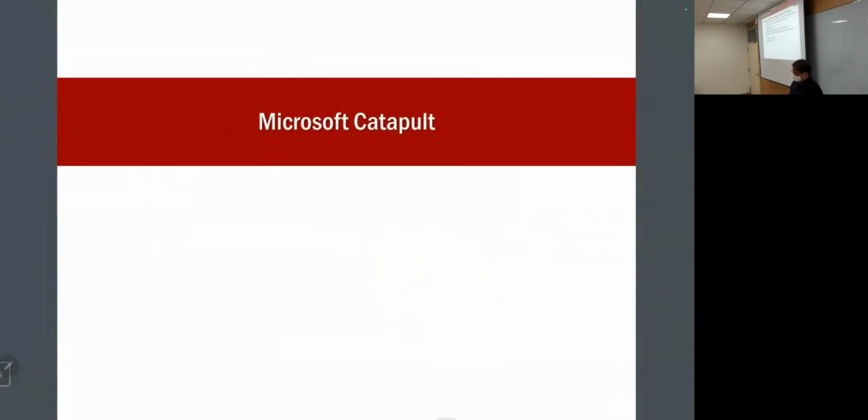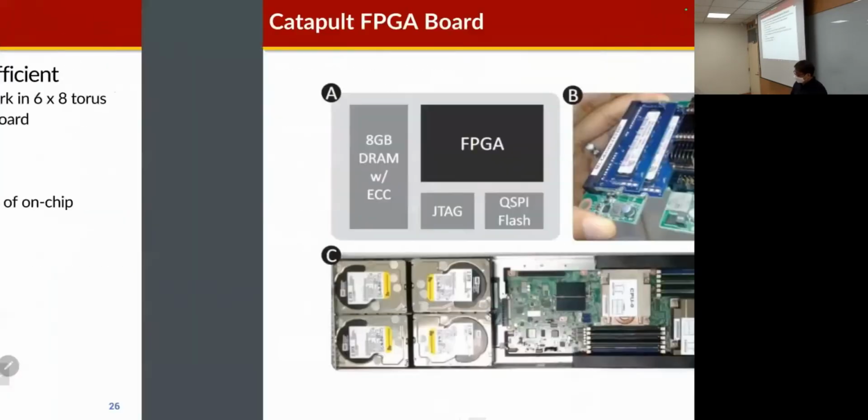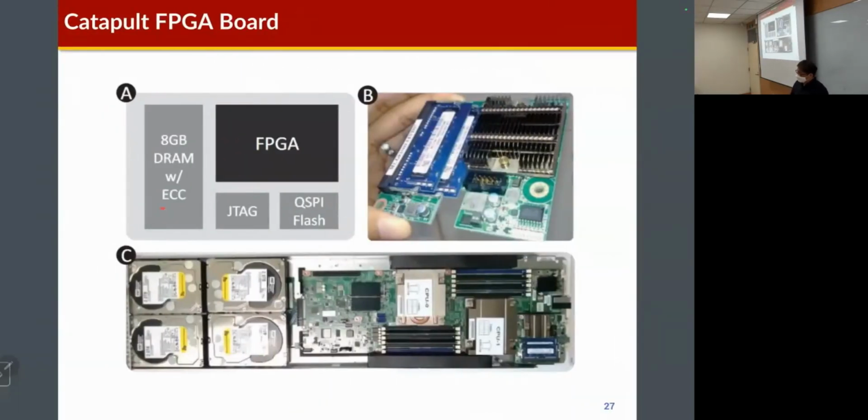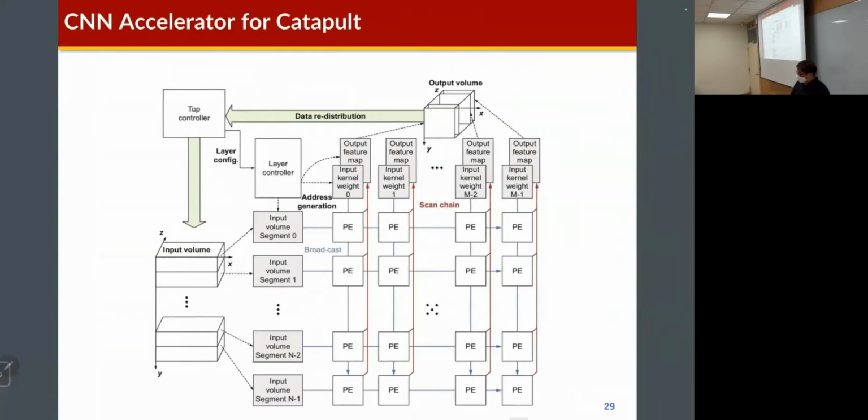There are many kinds of domain-specific architectures, like Microsoft Catapult. Catapult implements an FPGA and dedicated DRAM. If you look at the architecture of Catapult, you can find it is also designed for matrix multiplication.